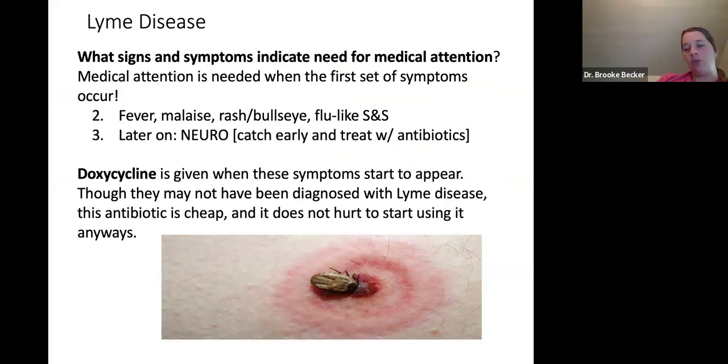Fever, rash, flu-like symptoms. Later on, if it's not treated early with antibiotics, you'll get the neuro involvement, so headaches, joint pain, things like that. Doxycycline is usually given.